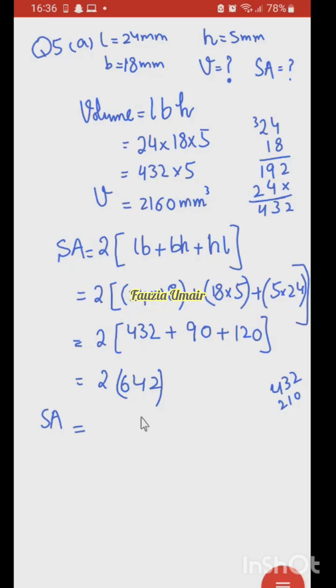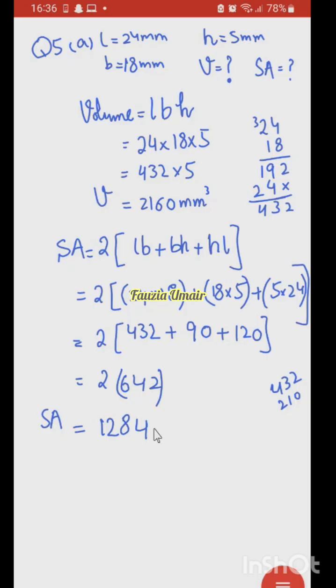Are you getting the same answer, beta? Yes, ma'am. 642. So now what is double of 642? This is the answer because double of 2 is 4, 4 is 8, 6 is 12, right? So this is the answer.